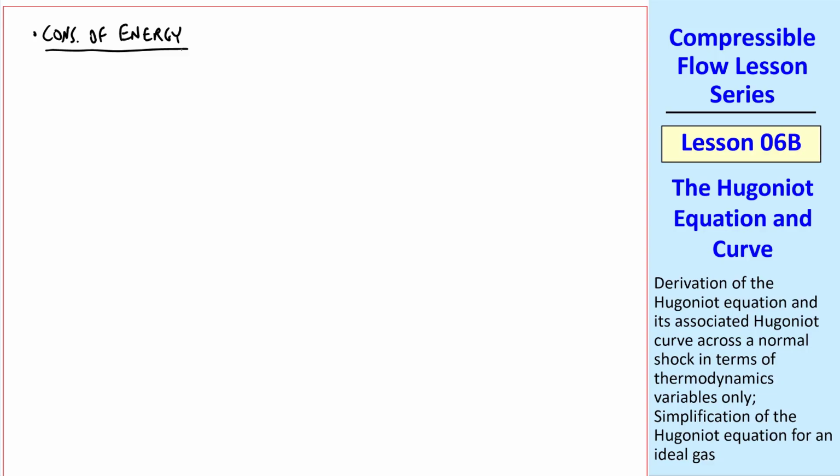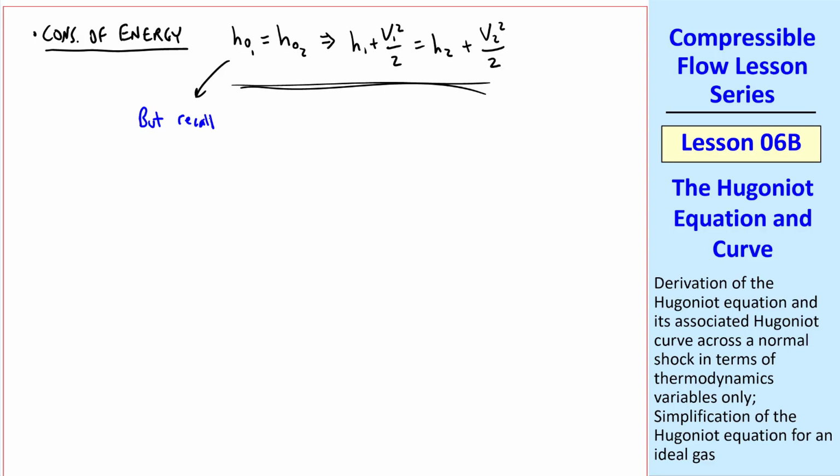Now apply conservation of energy. We know that the flow is adiabatic across the shock with no power terms or heat transfer, etc. So as we've been writing, stagnation enthalpies are equal, and we can rewrite this in terms of specific enthalpy H1 and H2 and V1 and V2. But recall from your thermo class that specific enthalpy H is specific internal energy U plus P over rho.